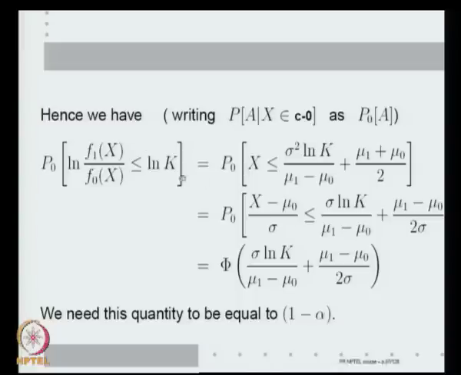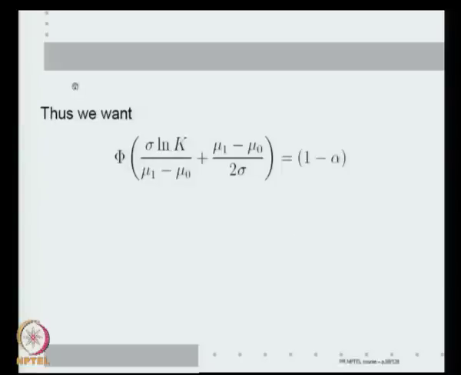So, ultimately to get k, I have to equate this quantity to 1 minus alpha. Alpha is given in Neyman-Pearson criteria, what I am given is alpha, that is the allowed type 1 error bound. So, let us equate that, phi of this equal to 1 minus alpha.